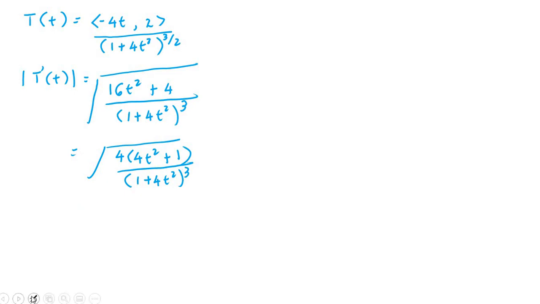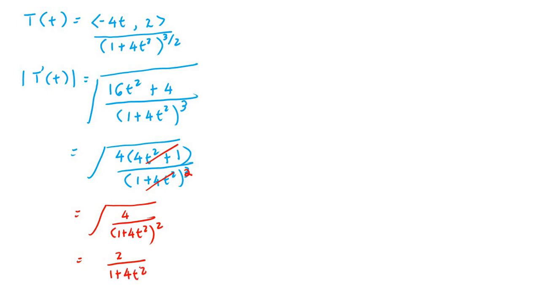So this one becomes 2 over (1 plus 4t squared) to the power 2. Taking the square root, 2 over 1 plus 4t squared. So the magnitude of T prime t is 2 over 1 plus 4t squared.